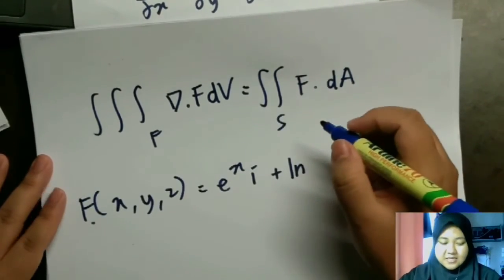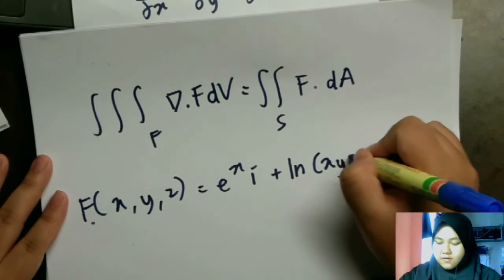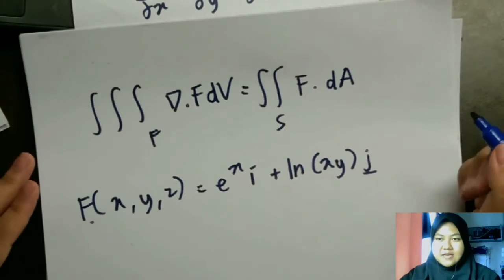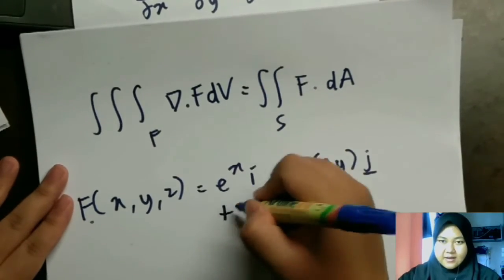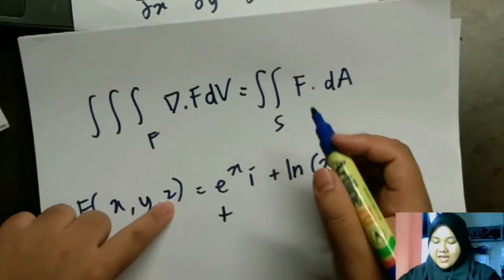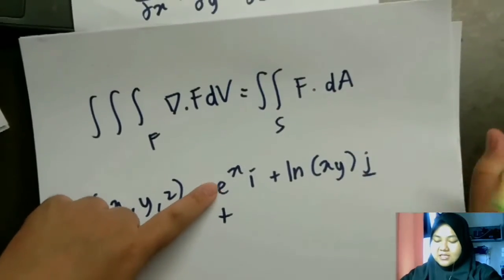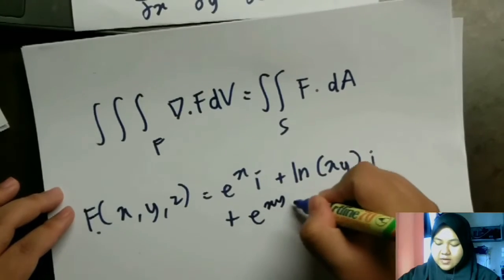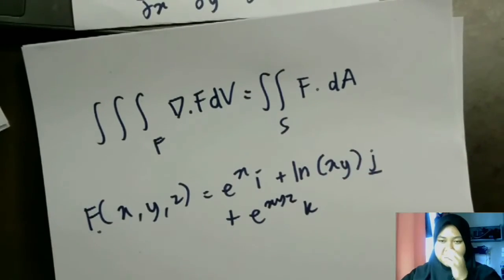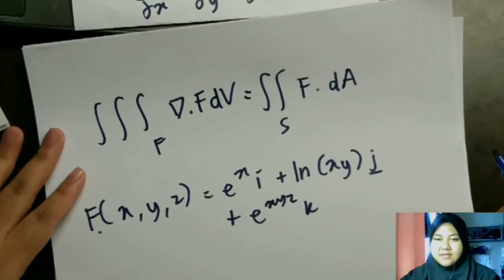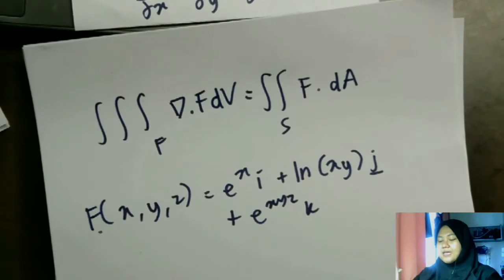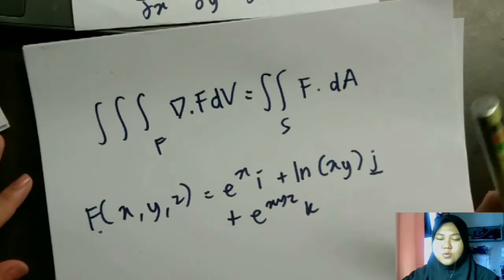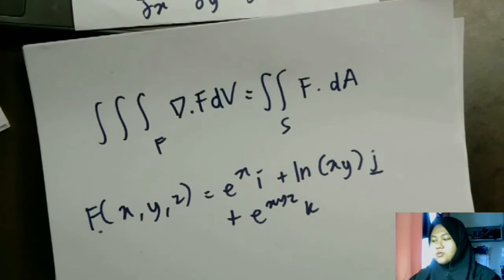The question is: let S be a sphere of radius r, while V is the solid ball filling that sphere, and let F(x,y,z) equals e to the x i plus ln xy j plus e to the xyz k be a spherically symmetric radial vector field. The question asks us to find the divergence at point 0, 1, 1 and also the curl at point 1, 0, 0.